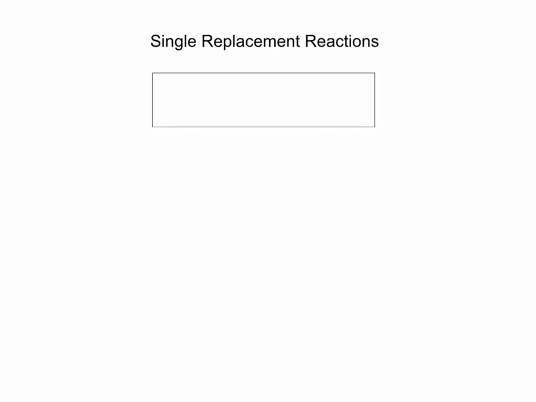So how do you recognize whether a single replacement reaction will occur? Well, the first part is we have an ionic compound reacting with an element. This could be a metal or a nonmetal, but we have one compound and one element reacting.